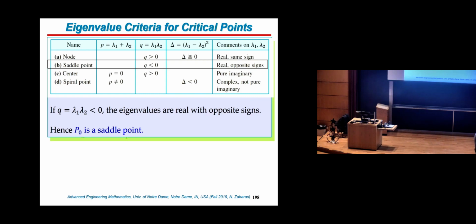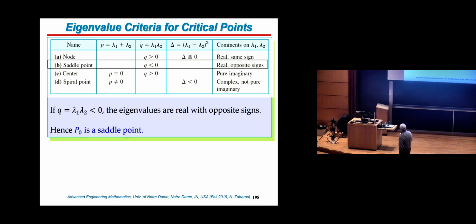Only if the eigenvalues are real, and one is positive and one is negative. And that's when you get a saddle point. And a saddle point by its nature, is it stable or unstable? Unstable, right? If one eigenvalue is positive, it's unstable.